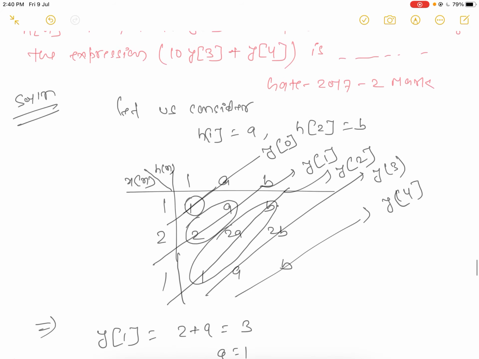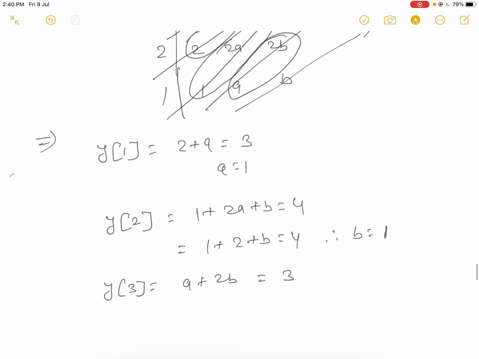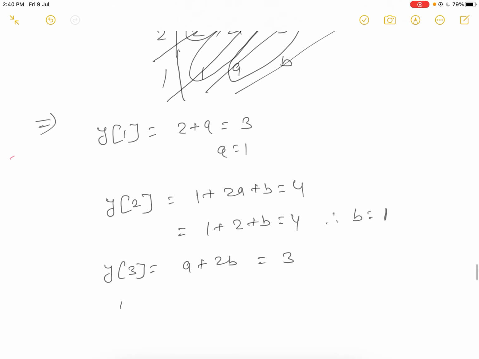Now come to find y3. Then y3 will be a plus 2b, which will be 3, because we know that a is equal to 1 and b is equal to 1. And y4 will be 1, because it will become b only.